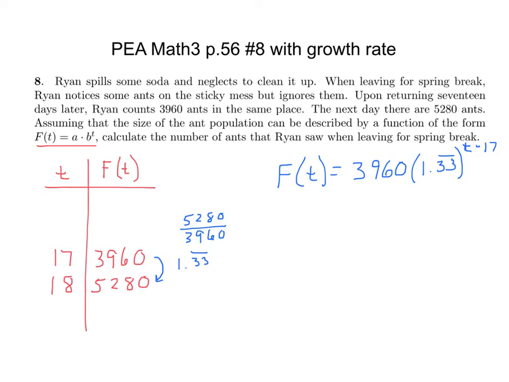So that was after one day would be the next day. If we substitute a 0 in here for t, we would get what he would have when he left for spring break. So that's answering the question that they want you to answer.